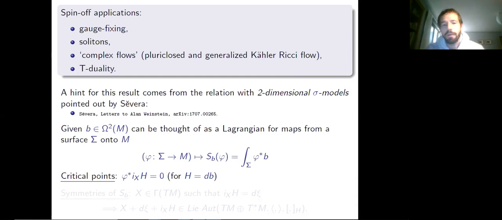Remember that two weeks ago I told you that generalized Ricci flow was appearing as a sort of renormalization group flow for a two-dimensional sigma model, the fields of this physical theory are maps from a surface into some target manifold, where our Courant algebroid is going to be.